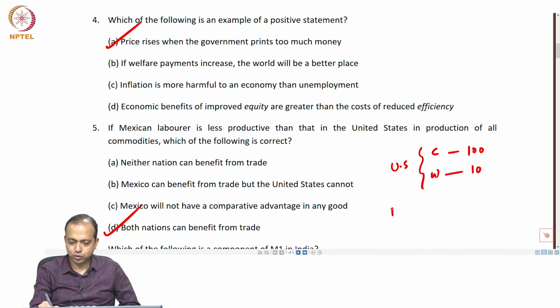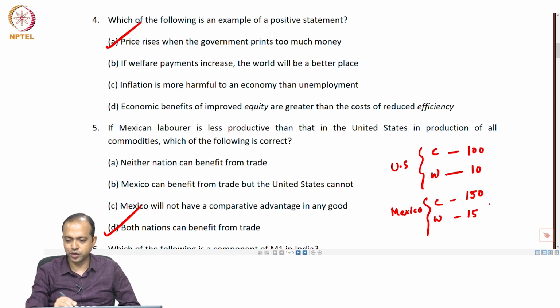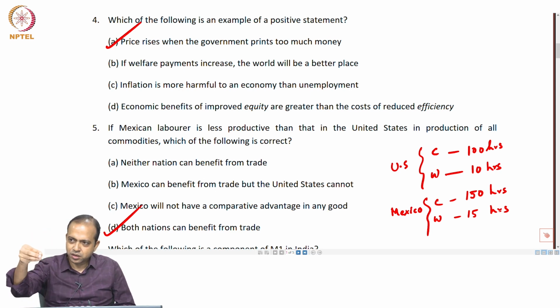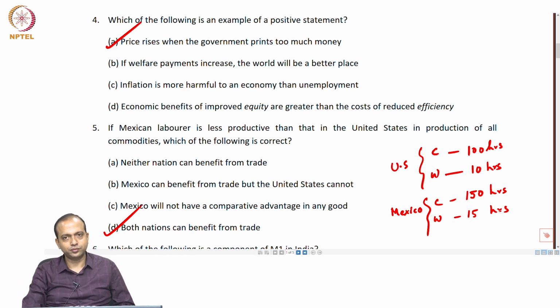If you take Mexico, it may so happen that producing one computer requires 150 hours of labor, and wheat requires 15 hours of labor. From this structure we can easily understand that the US has absolute advantage in both commodities, because the US requires less labor for both.